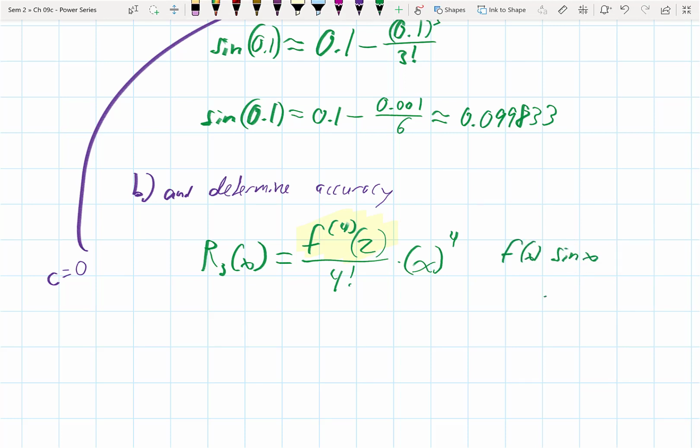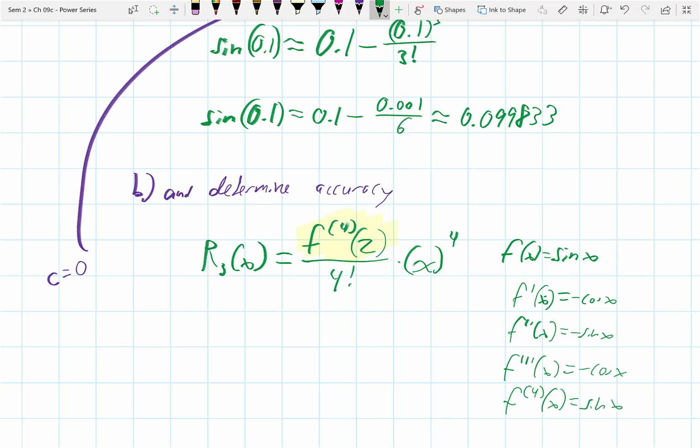If f is the sine of x, what is the first derivative? That's cosine x. The second derivative, negative sine of x. The third derivative, that'd be negative cosine of x. And the fourth derivative is back to the sine of x.